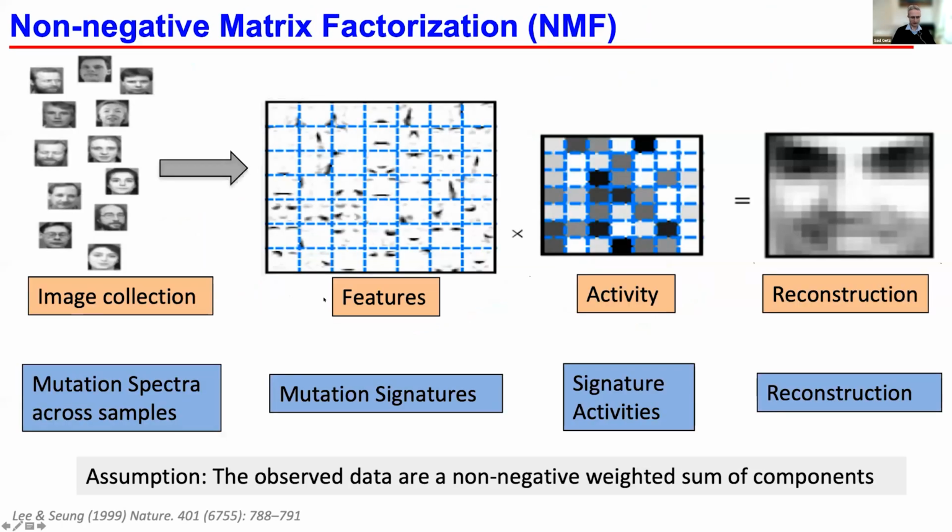Similarly to what was done in parallel at the Sanger Institute, we used non-negative matrix factorization, which is an algorithm originally developed to look at images of faces, to find different features in the faces and represent the activity or the level of each feature to be able to reconstruct the face. In our case, we have the mutational spectra across samples.